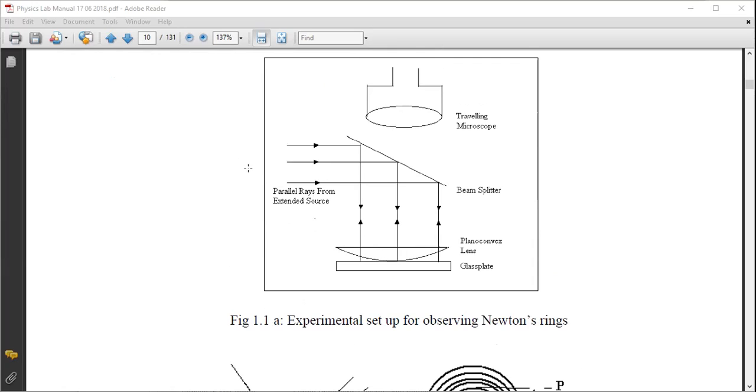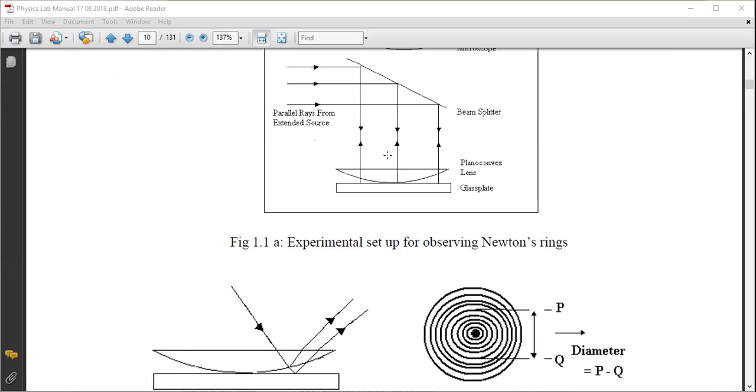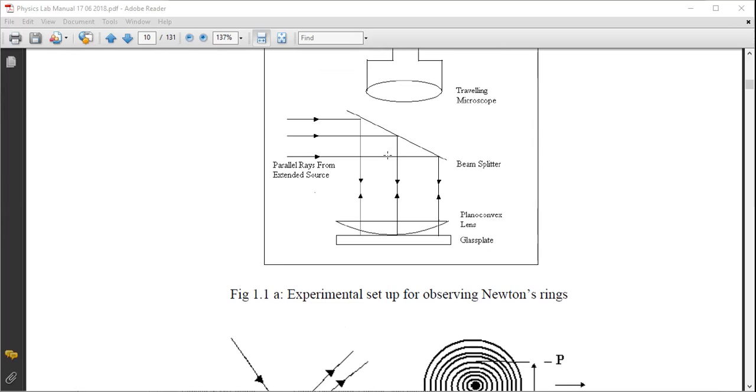Especially a sodium vapor lamp is used, where yellow light, nearly monochromatic light, comes from the source, and using a beam splitter the beam is split and allowed to pass through this plano-convex lens and glass plate. Some of the light will get reflected and travel along the same path.